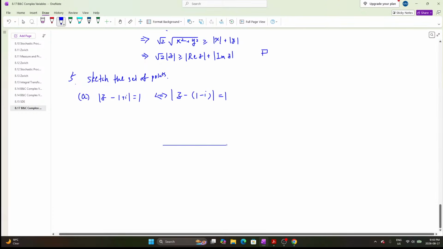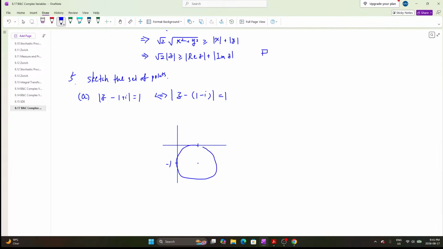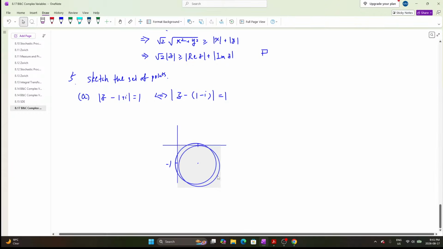That's exactly a circle. So here, let's first plot the center, which is 1 minus i. So this is 1 minus i. 1 and minus i, so that's 1, minus 1. That's the center of the circle. And the radius is also 1, so that means the circle is tangent to both the x and y axes.